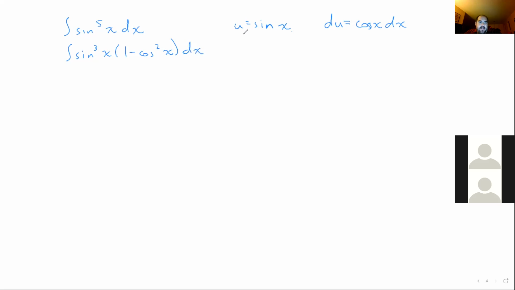So have I gotten to my goal yet? No, because cosine's squared. So what should I do now? Would you distribute? No, that's not going to get me there.